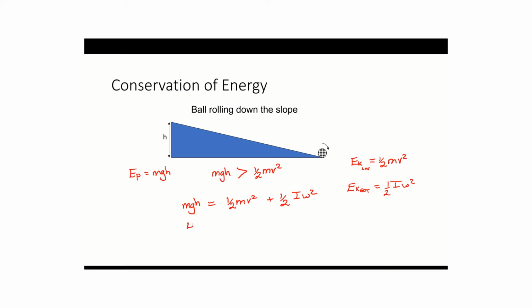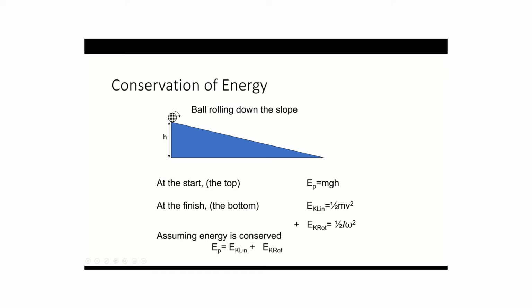Or we can say that the gravitational potential energy goes to the kinetic energy for the linear plus the kinetic energy for the rotational. So we've got that there. So it happens that the gravitational potential at the top, at the bottom, it goes to kinetic energy, but the two forms of kinetic energy.